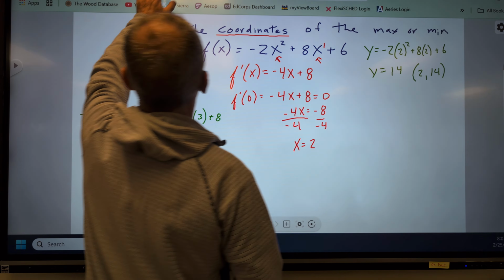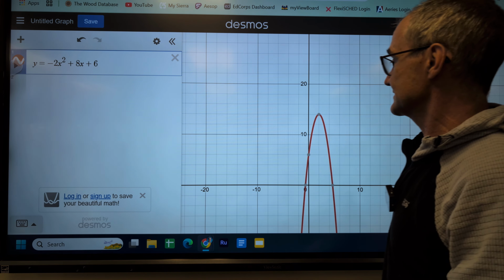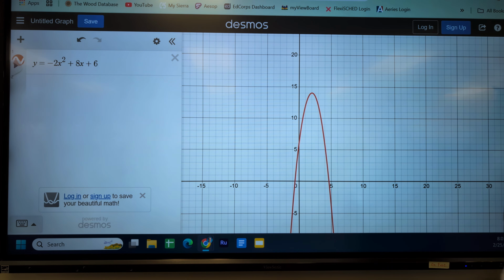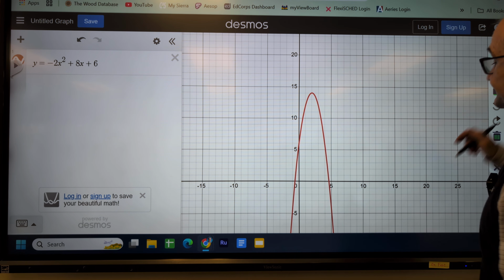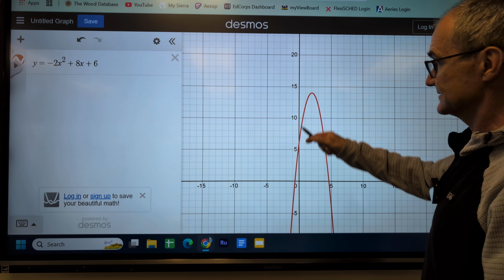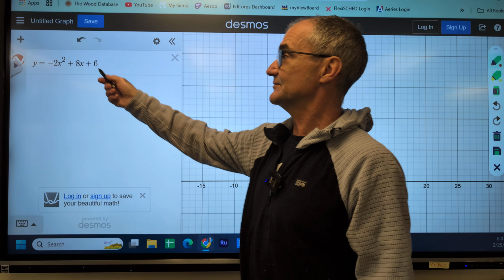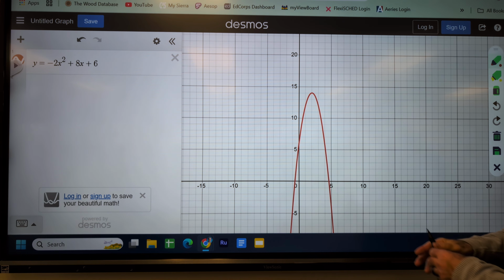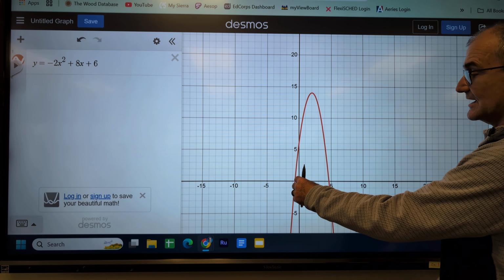Let's take a look at what that graph looks like. So here we are in Desmos. Here's our graph, and what this whole thing is really about is this is our function, y equals negative 2x squared plus 8x plus 6. And I'm talking about the slope of this function. The slope of this function is positive.